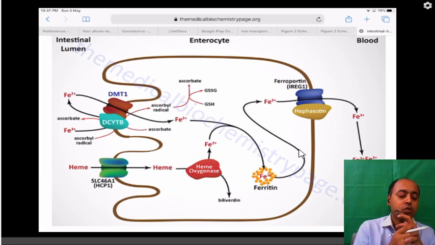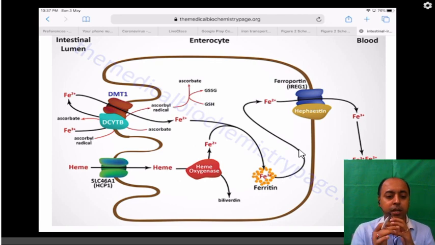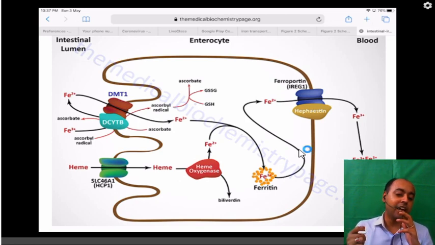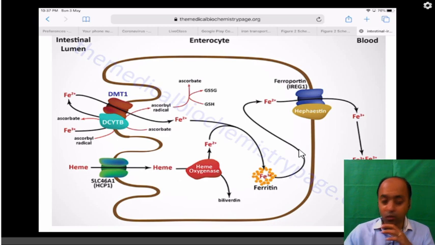Okay, so two things happen. First, the ferric iron is converted to ferrous iron by the DCYTB, and then the ferrous iron is taken up by the DMT1. Alright, so the ferrous iron is now inside the cell. It is transported to the blood. Now look on the other side, it is transported to the blood by the ferroportin.